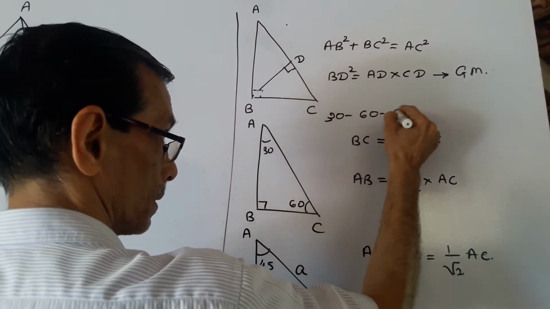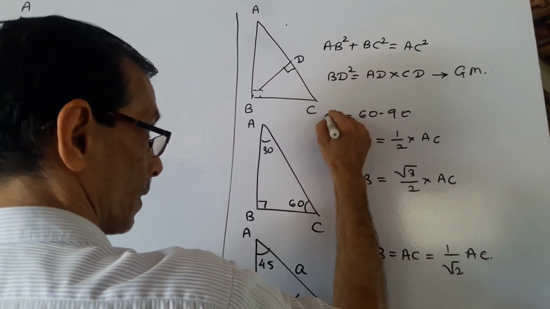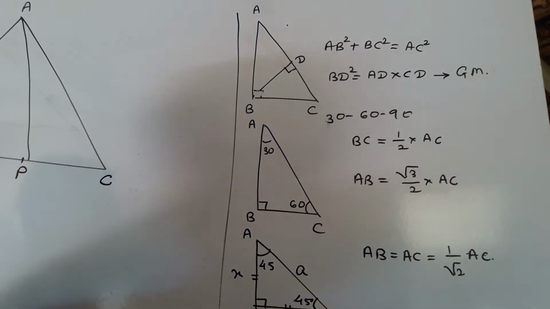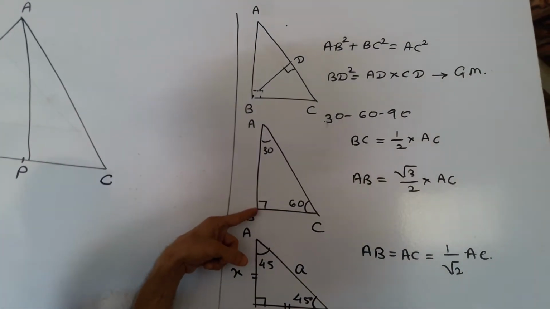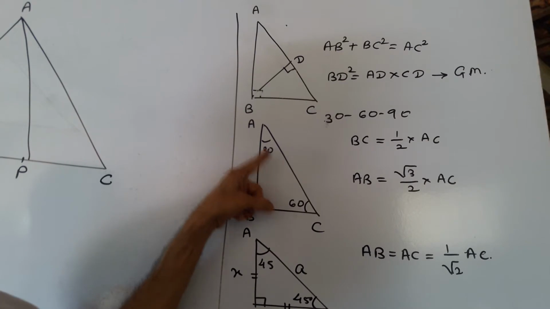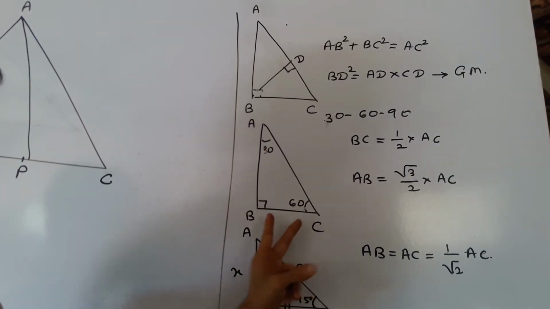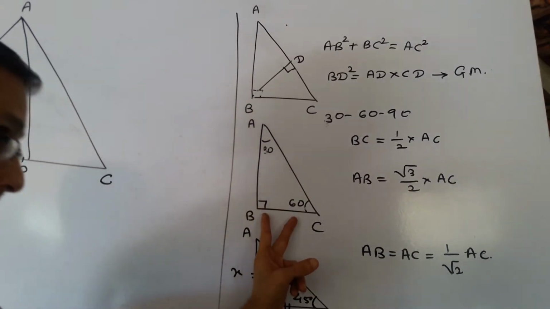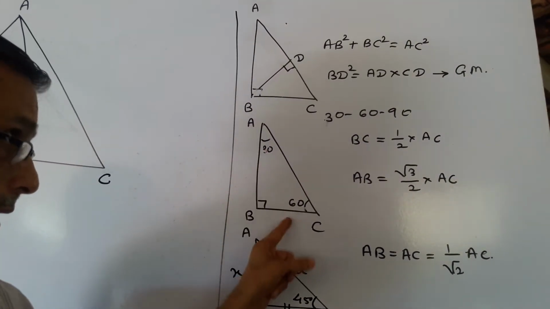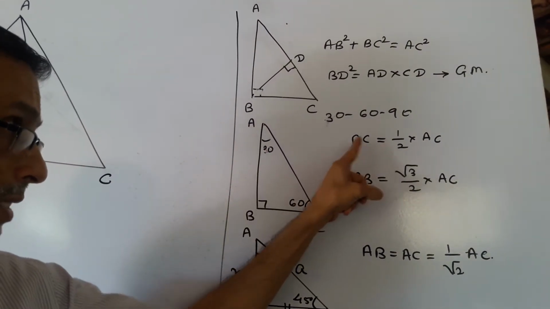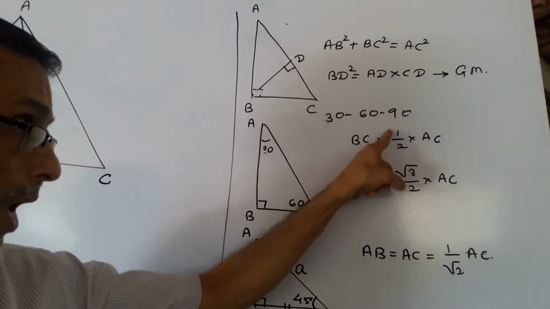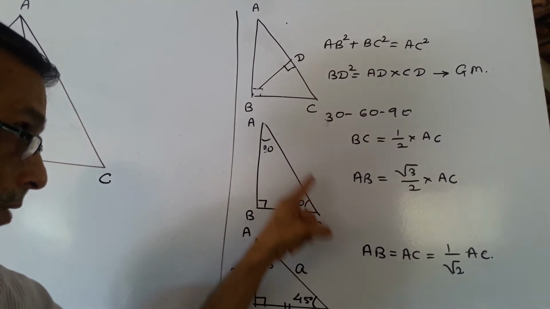What is the 30, 60, 90 theorem? In a right angle triangle, if one of the angles is 30 degree and another 60 degree, then the side opposite to 30 degree, here BC, is half of hypotenuse. Here hypotenuse is AC.